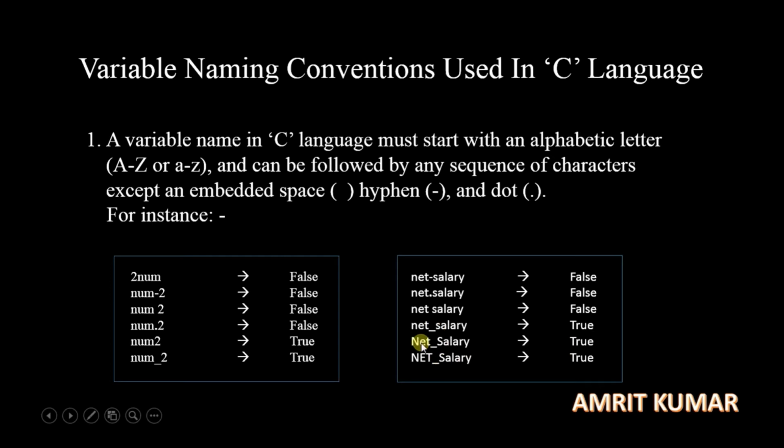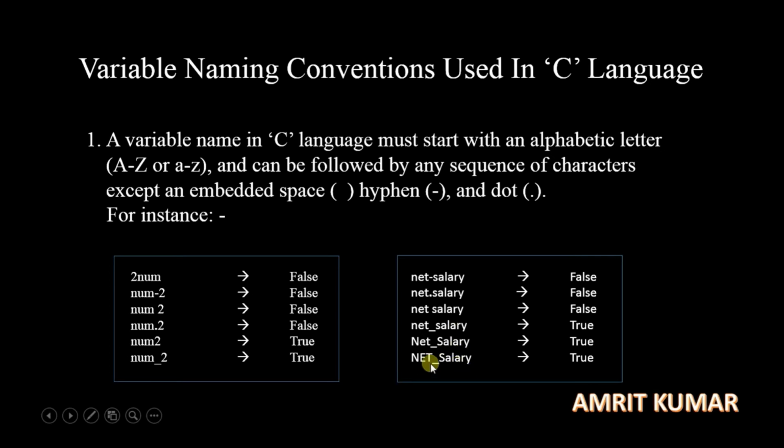So in these three you are seeing that C is a case sensitive language, therefore all these variables are different variables. Net underscore salary is one variable, with capital it is a different variable, and capital Net underscore capital Salary with small letters is also a different variable.